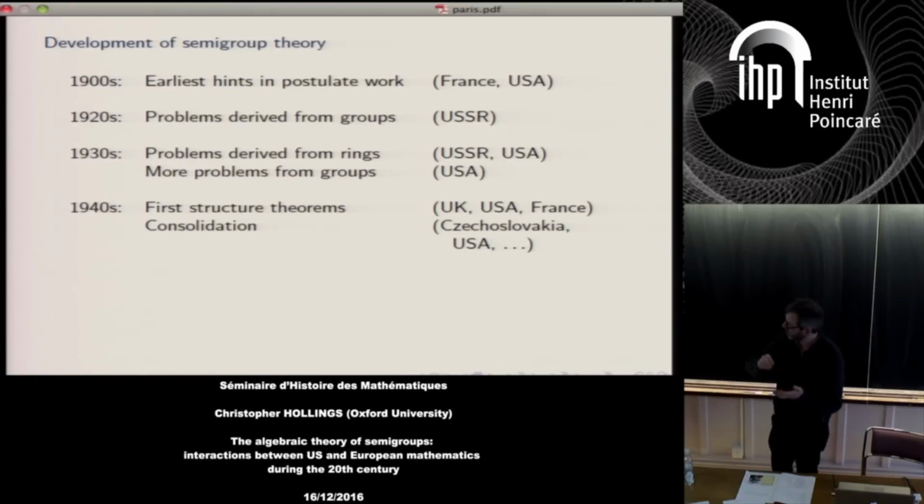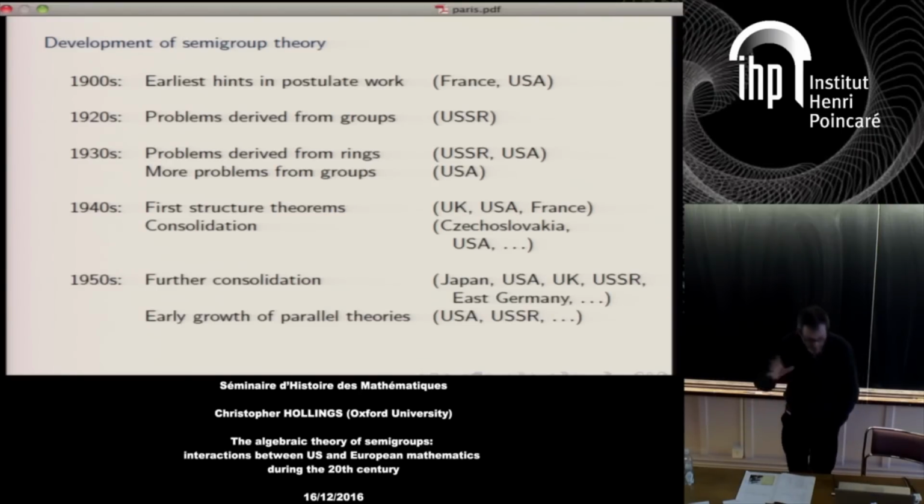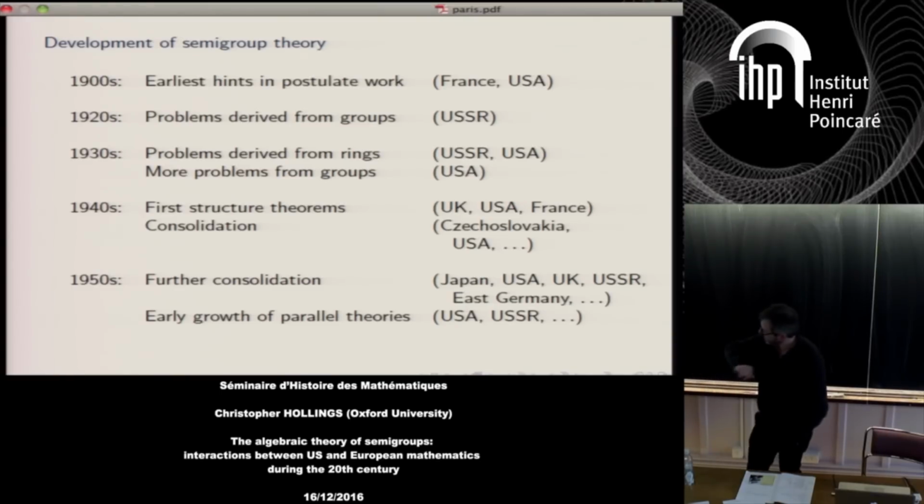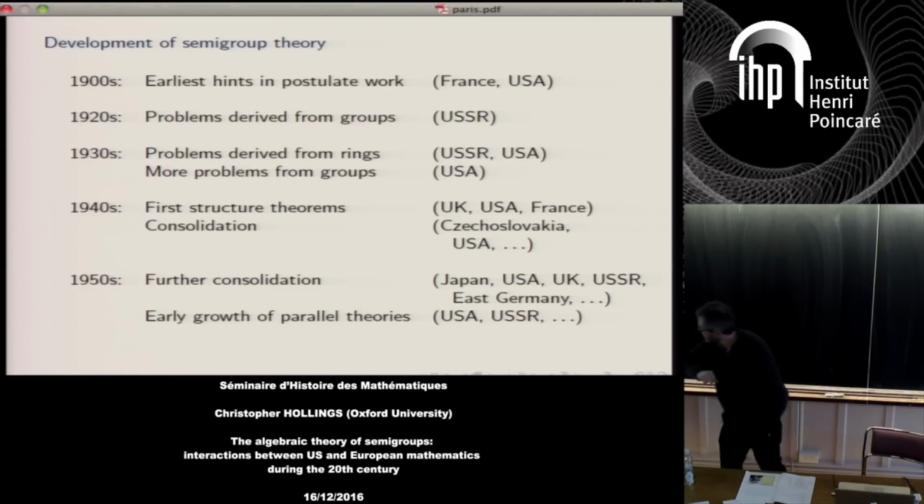So they're looking at homomorphisms and equivalence relations on semigroups and ideals and sub-semigroups and building up the general algebraic machinery that you should have attached to this sort of theory. So then the 1950s, a bit more consolidation, work beginning to appear in Japan, for example, via an American influence.